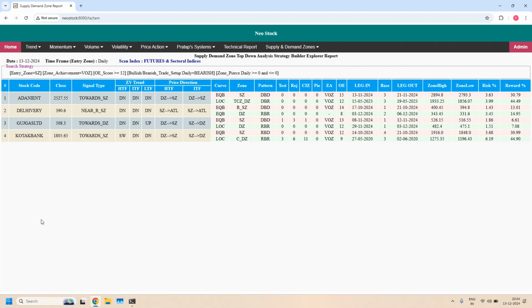We got 4 stocks. Currently these 4 stocks are supporting bearish trade setup for monthly income trade. Entry zones are daily supply zones. In these 4 daily supply zones, let us look for high probability supported zones. First filter is based on LTF and ITF supply zone confluence.